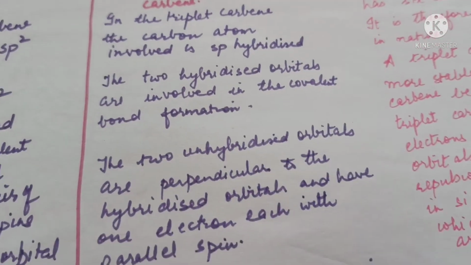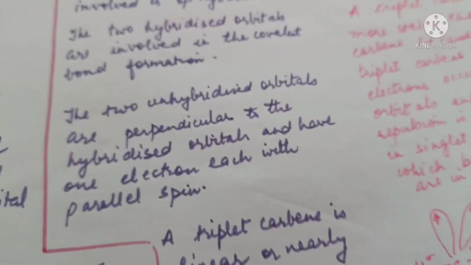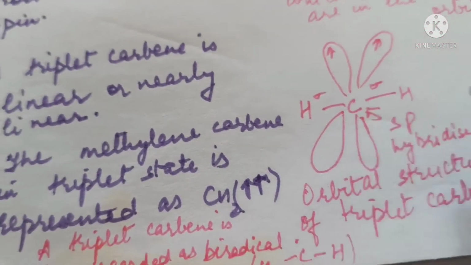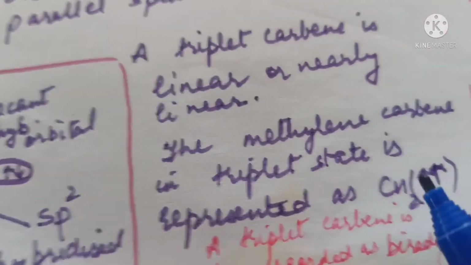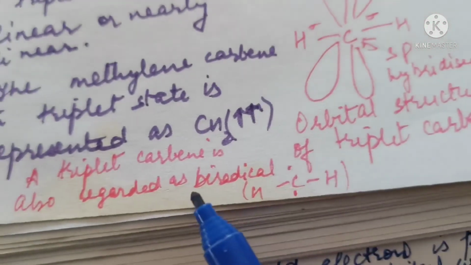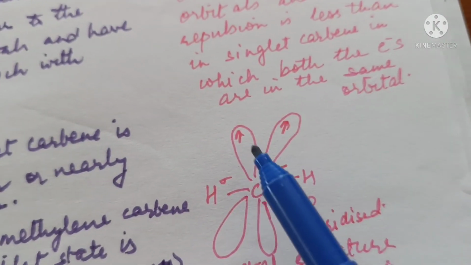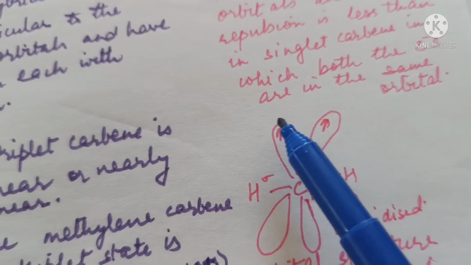The two sp hybridized orbitals are involved in bond formation, whereas the two unhybridized p orbitals contain one electron each.